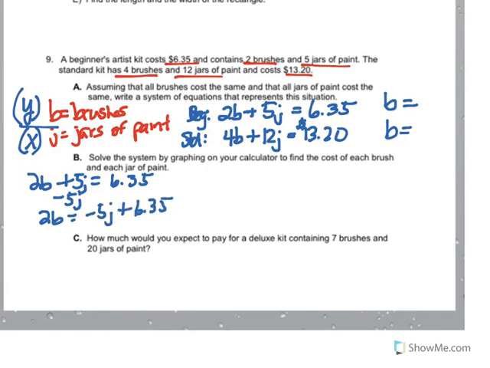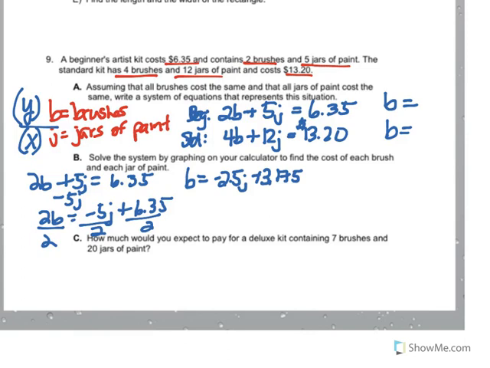We divide everything by 2. And you get a really nasty looking equation. You get B equals negative 2.5J plus 3.175. You're going to have to put the whole thing in there like that.